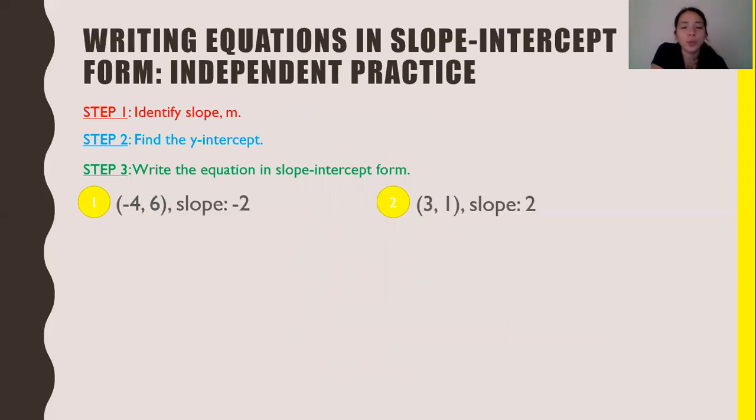So here are 2 problems you can practice at home. Just make sure to go through the 3 steps: identify slope m, find the y-intercept, write the equation in slope-intercept form. So go ahead and do that, and I'm going to go ahead and solve it. So again, you can pause it. I'm just going to go ahead and solve the 2 problems.